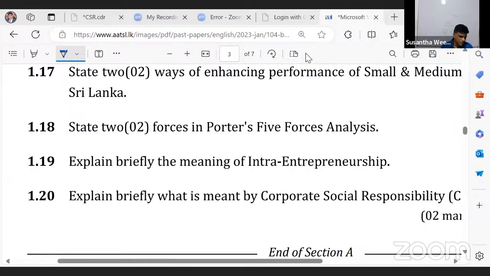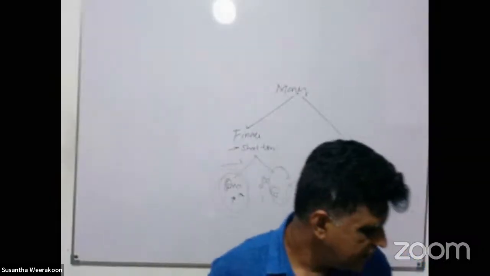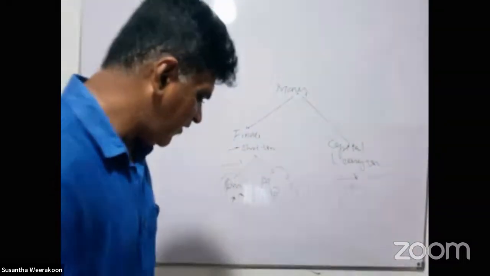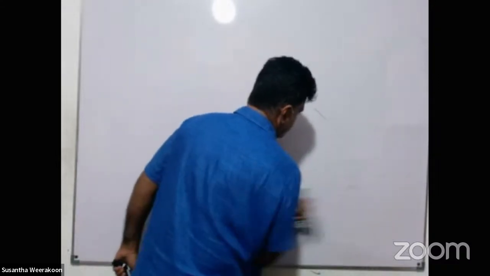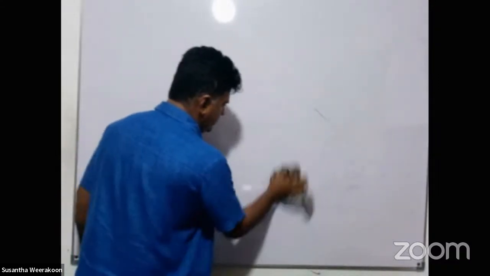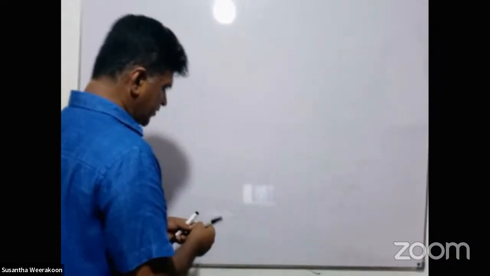In Porter's five force analysis, there are five forces, right? What are those five forces?